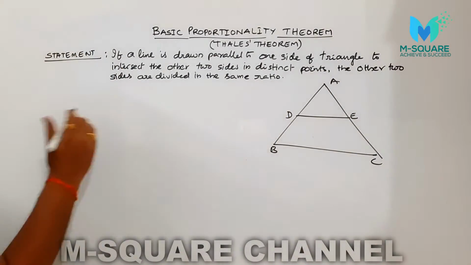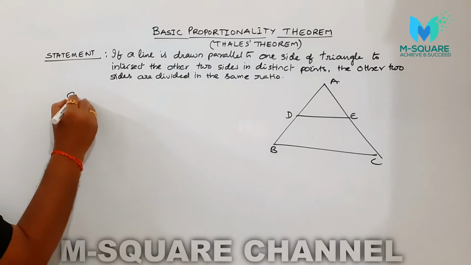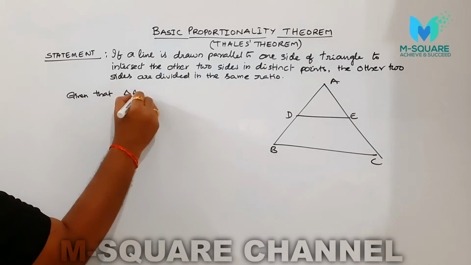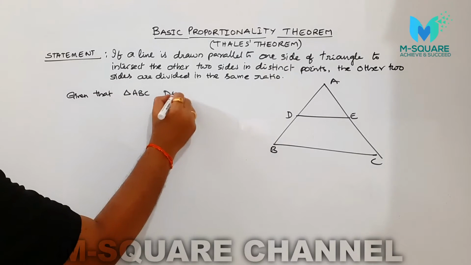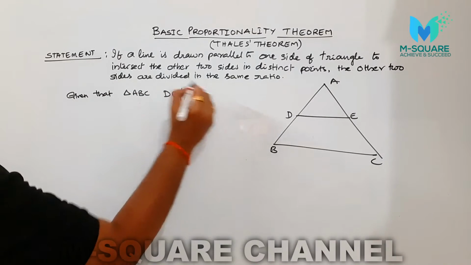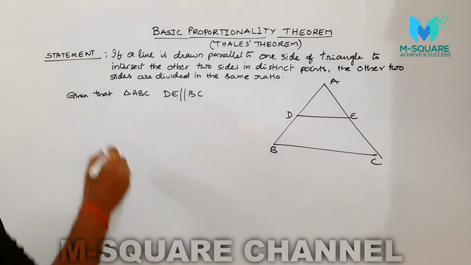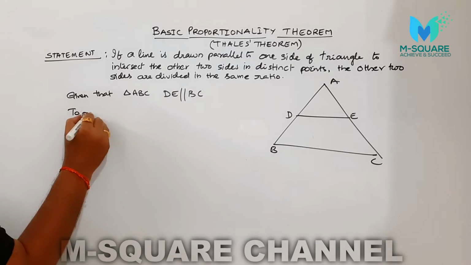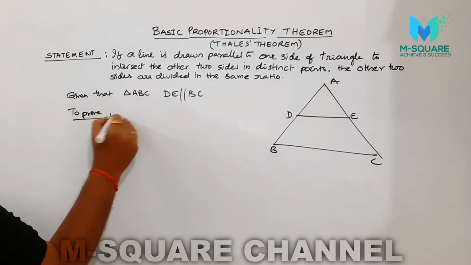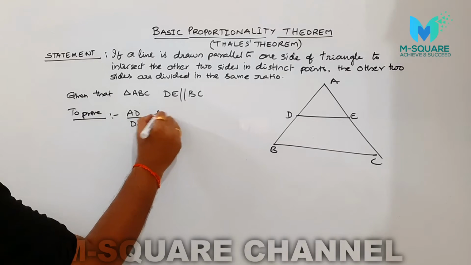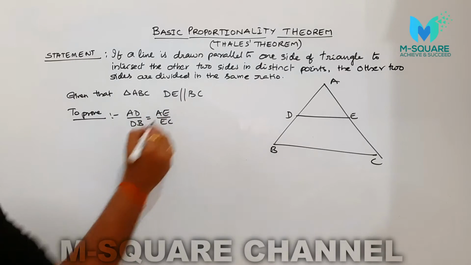So here the given is triangle ABC, DE is parallel to BC. What we are going to prove is AD by DB equal to AE by EC.